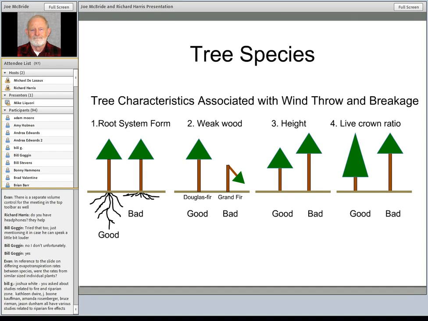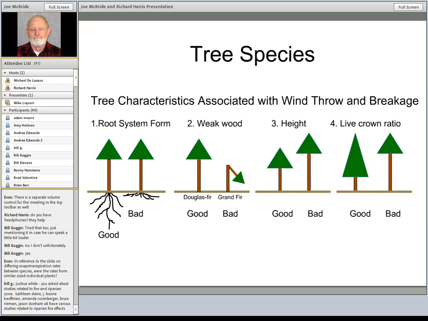There's a difference in wood strength between something like grand fir and Douglas fir in the windstorm events of 2001 at the Sea Ranch. There was considerable damage in grand fir in riparian zones simply by the trees being broken off by the wind, whereas Doug fir, much stronger wood, didn't suffer this problem.